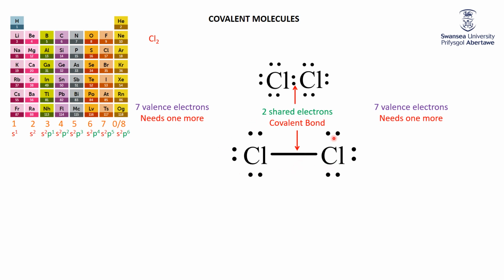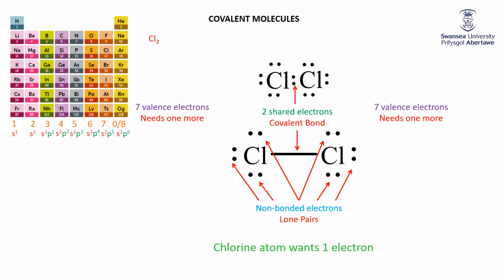Now the remaining electrons in this molecule are not shared. They are unshared electrons. They are non-bonding electrons. We will draw those as lone pairs. A lot of times you will hear the phrase lone pair. That just means 2 non-bonding electrons sitting there on an atom.